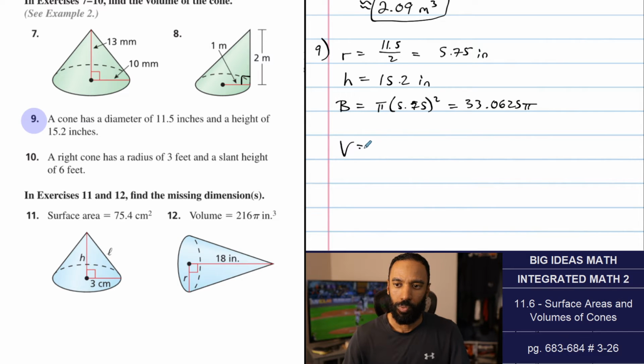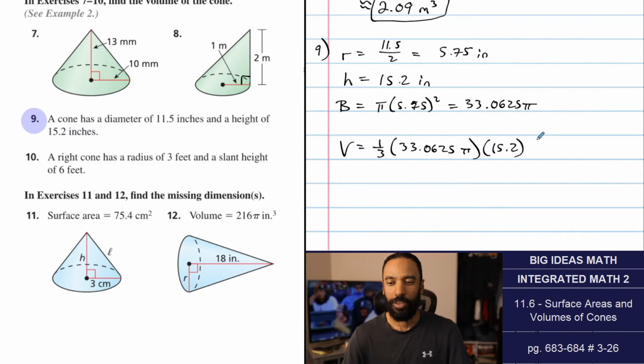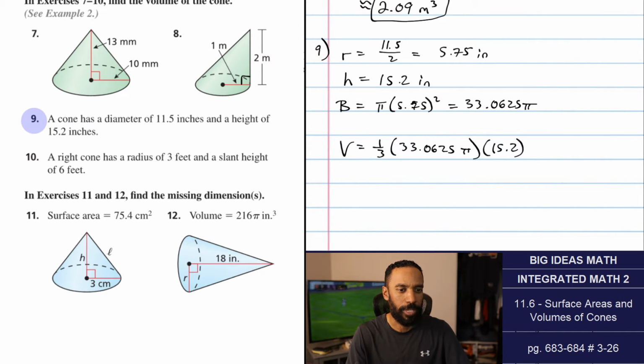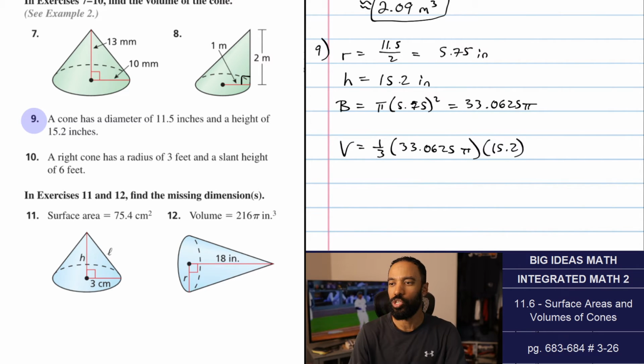So the volume, we do 1/3 area of base times height. I feel like somewhere you could probably divide those things by 3 cleanly. Not the first part. Maybe not in the 15.2, I bet. No, probably not clean there. So times the pi. I'm calculating everything right now. We'll just work it out. 526.27.